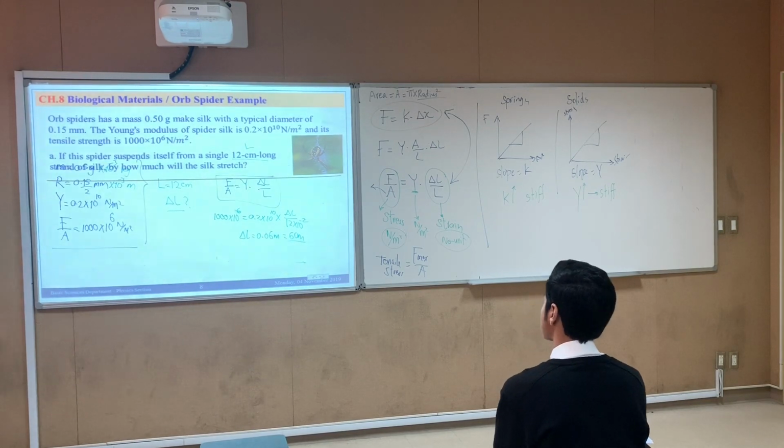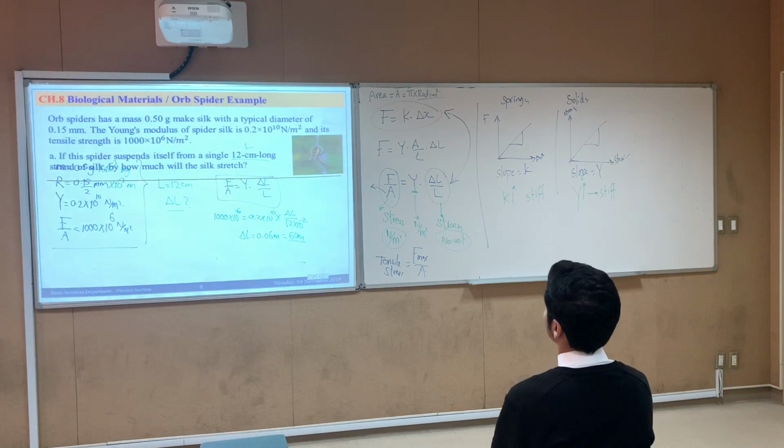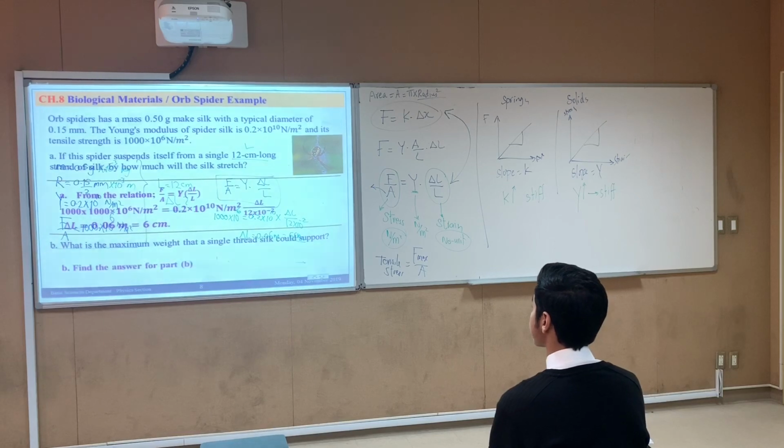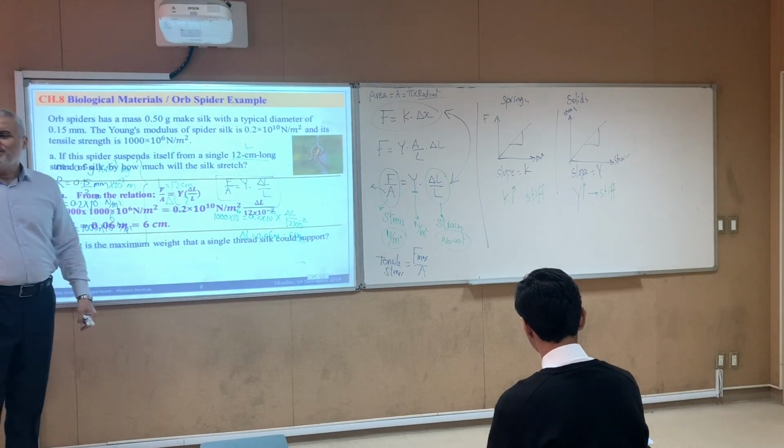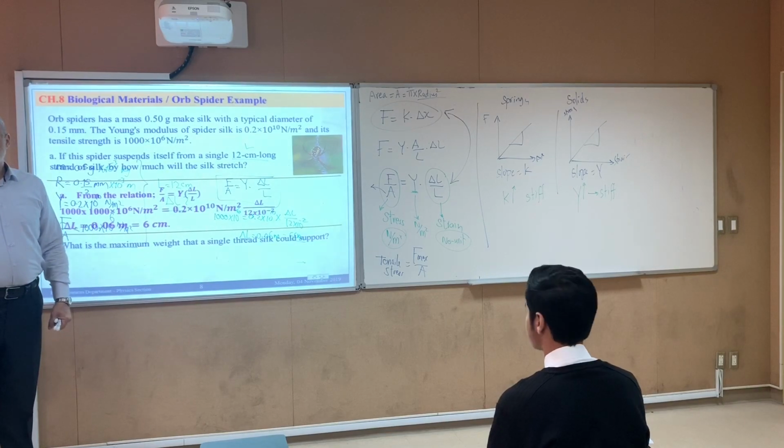Now guys, after that question, I ask: what is the maximum weight that a single thread of silk could support? Maximum. Okay, wait. To answer this question, we need to use grams.